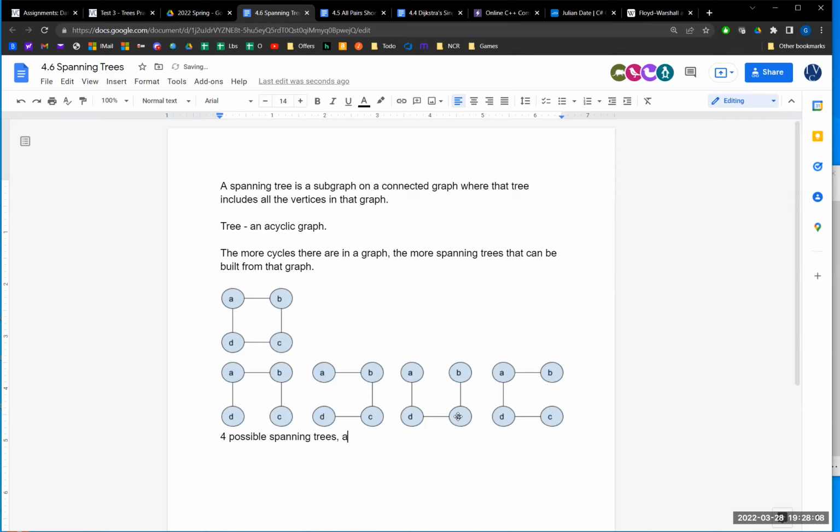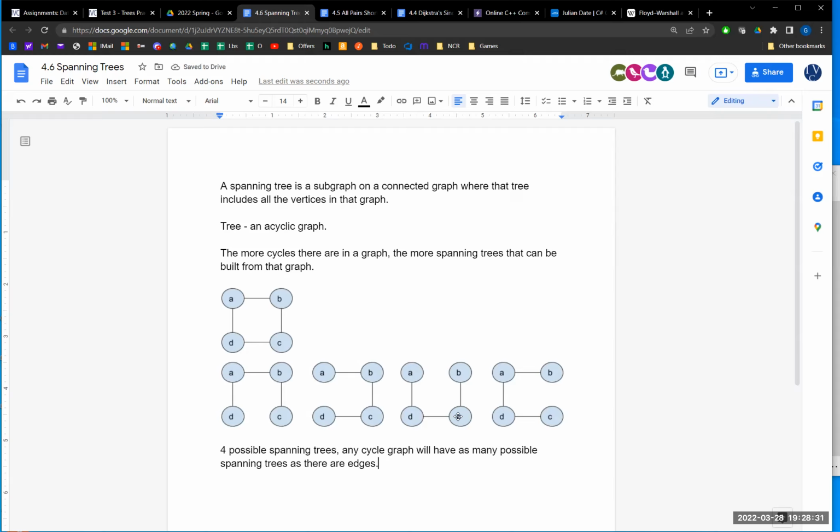Any cycle graph will have as many possible spanning trees as there are edges.